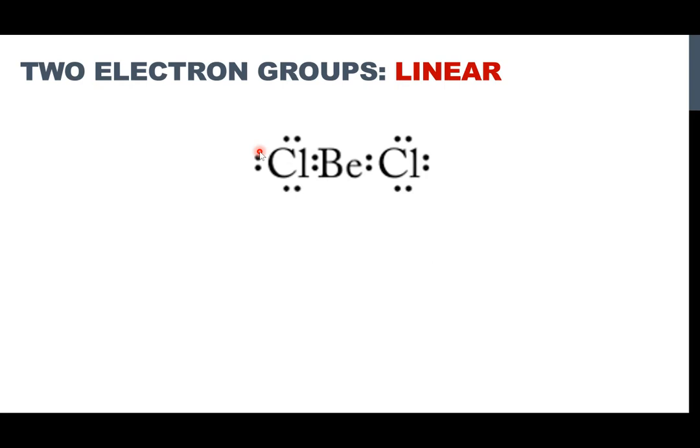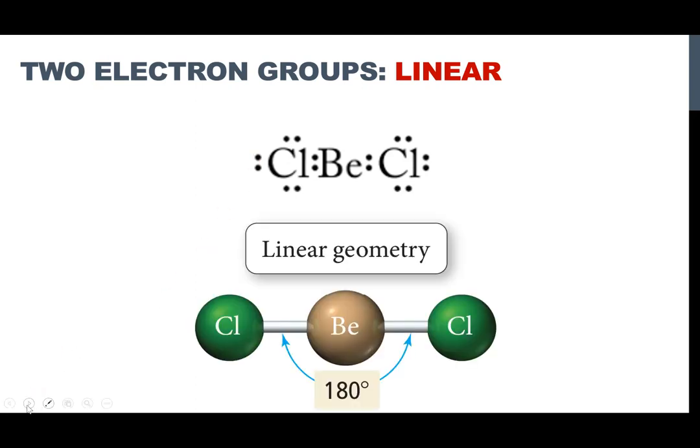So what is the largest angle that 2 things can put between themselves in 3-dimensional space? Well, the largest angle that they can put between themselves is 180 degrees. So when we have our central atom and only 2 electron groups, or 2 things attached to that central atom, we're going to see that it forms a straight line. It puts 180 degrees between those 2 things. Okay? This is going to be called a linear geometry. So all of the elements are in a straight line.